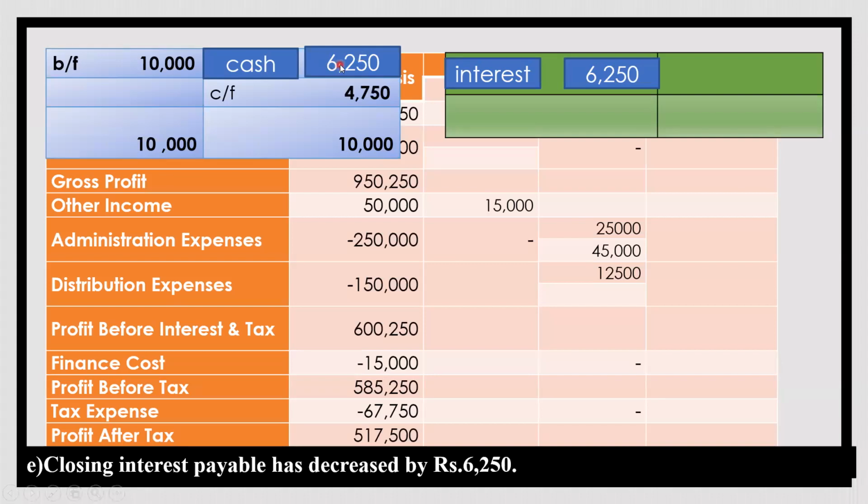So let's see the other entry in the cash account. In the cash account, we are going to debit this as the interest. Actually, what has happened? We have received cash for the interest. So this interest expense has been reduced by this one. Now, to arrive at the cash basis, we are going to add it back.